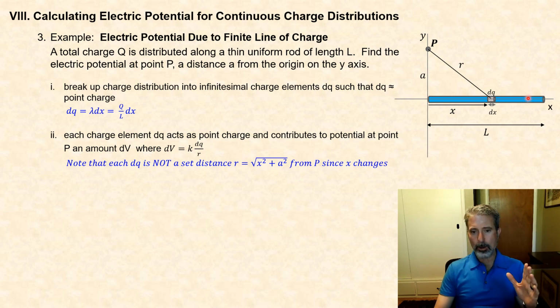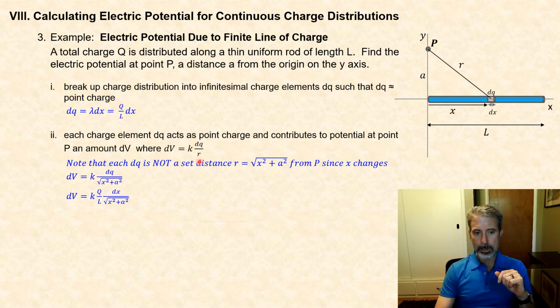So unlike the last problem, while r still does have a value of the square root of x squared plus a squared, you'll notice that x is no longer a constant as it was in the case of the charged ring. It's now a variable. So plugging in here, we can plug in our value for r, which is a variable, the square root of x squared plus a squared. And when we use the concept of charge density, substituting in Q over L dx for dq, we come up with this.